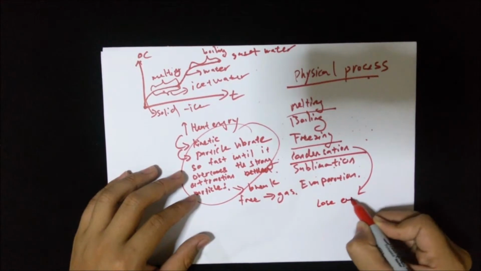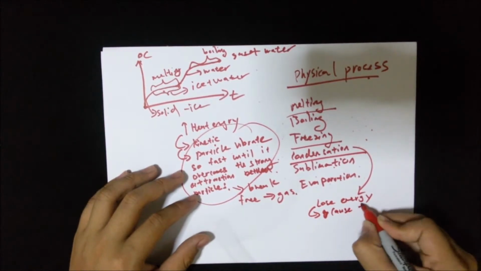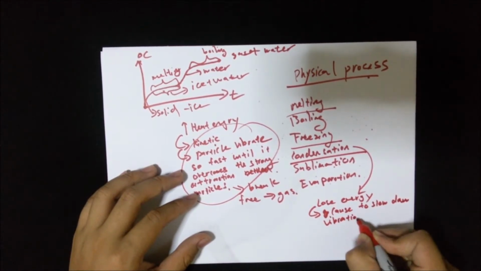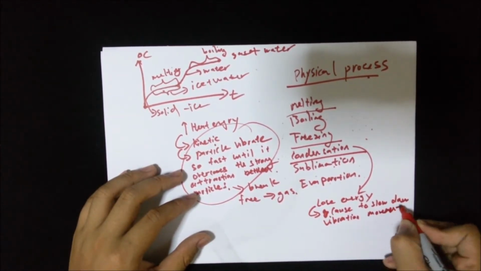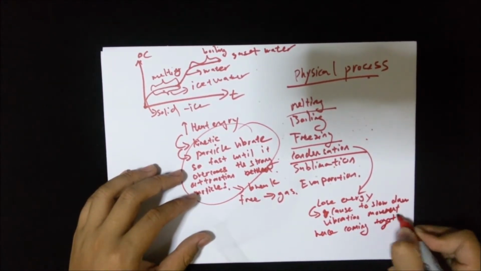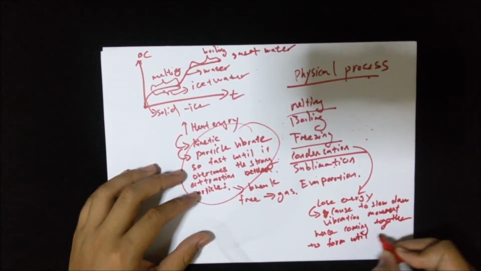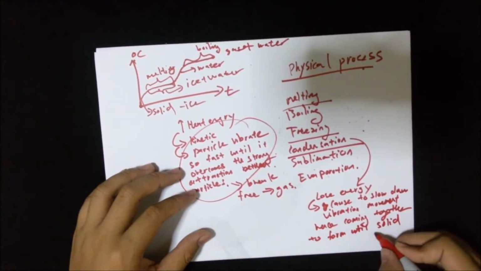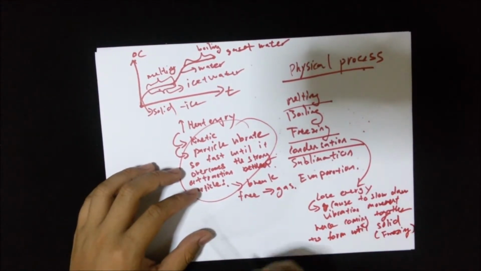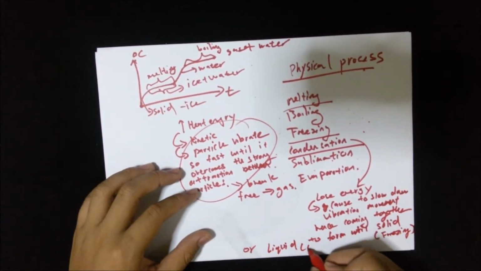It loses energy, as a result causing it to slow down in its vibration or motion, hence coming together to form either solid, which is for the process of freezing, whereby it's water to ice, or liquid for the process of condensation.